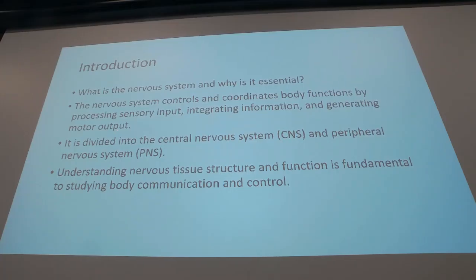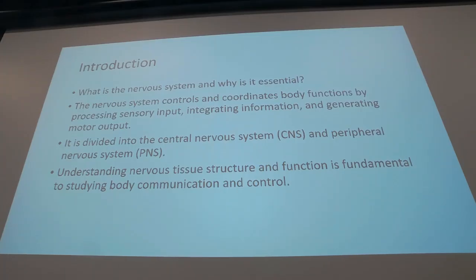It can be motor, in some cases, not all the time, but that's what we do. And then our nervous system is subdivided into two major branches, CNS, or central nervous system, and PNS, or peripheral nervous system. CNS is made out of two parts, brain and spinal cord.